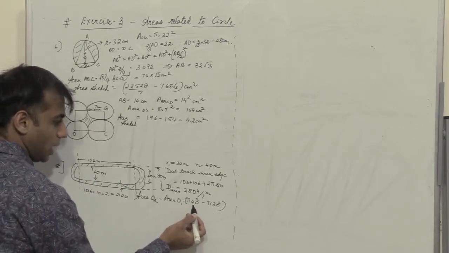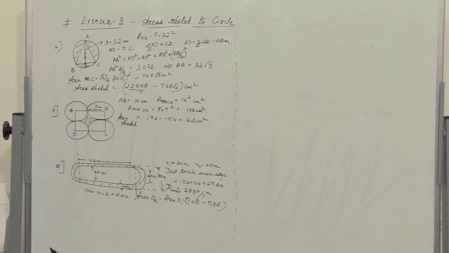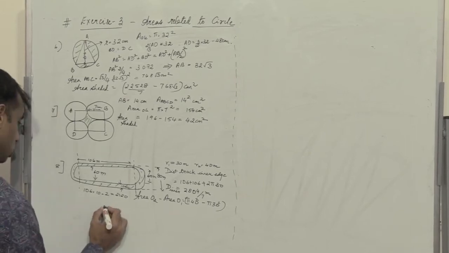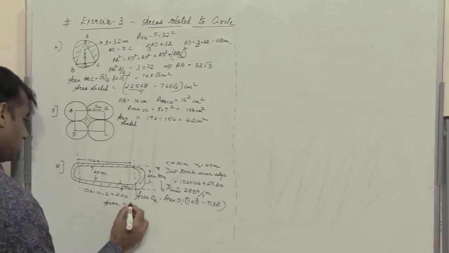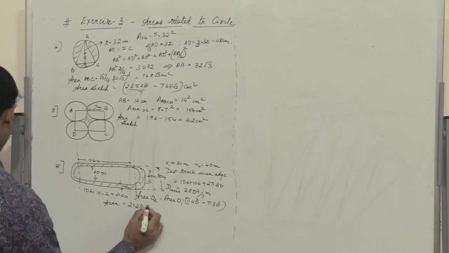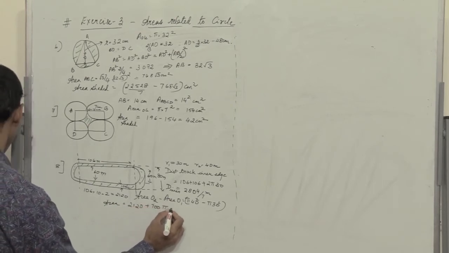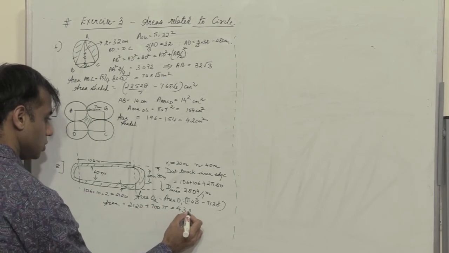So this is pi into 40 square minus 30 square, which gives me 700. So the total area would be 2120 plus 700 pi, which is 4320 meters square.